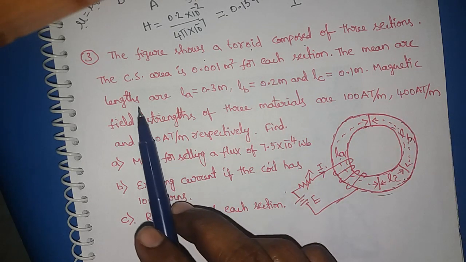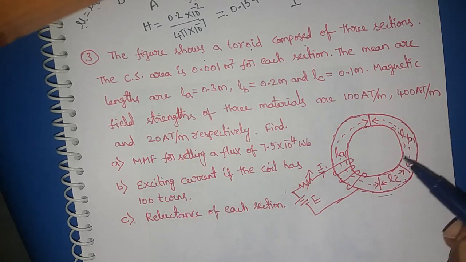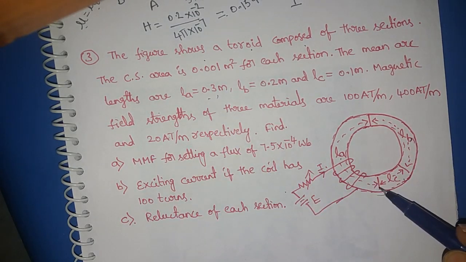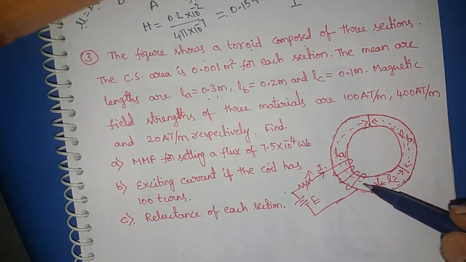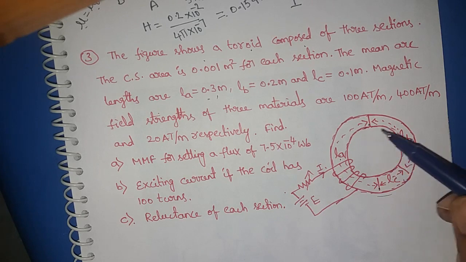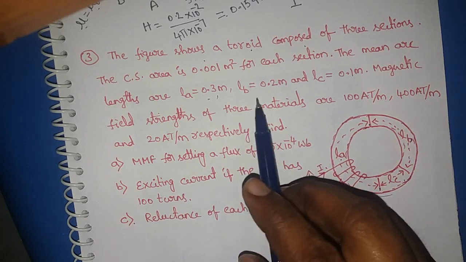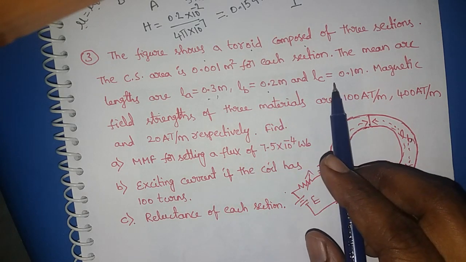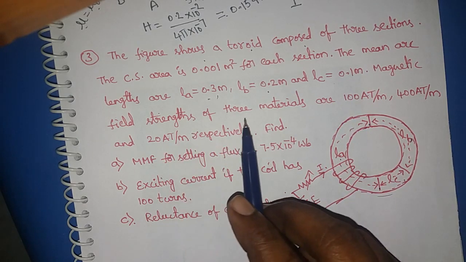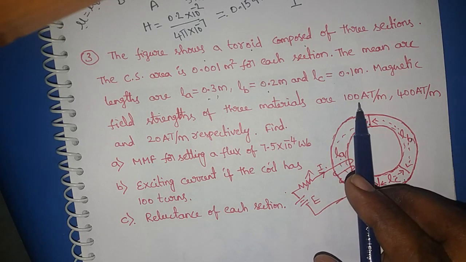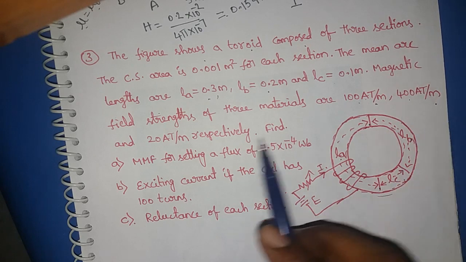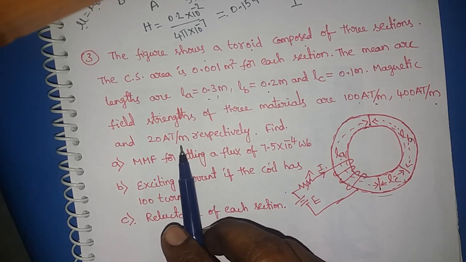The mean arc lengths are LA equal to 0.3 meters, LB is 0.2 meters, and LC is 0.1 meters. Magnetic field strengths of the 3 materials are 100 ampere turns per meter, 400 ampere turns per meter, and 20 ampere turns per meter respectively.